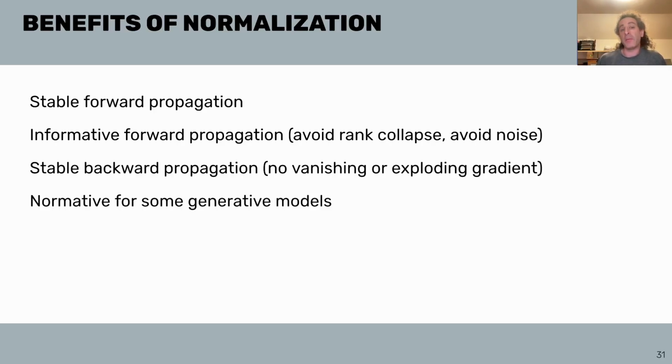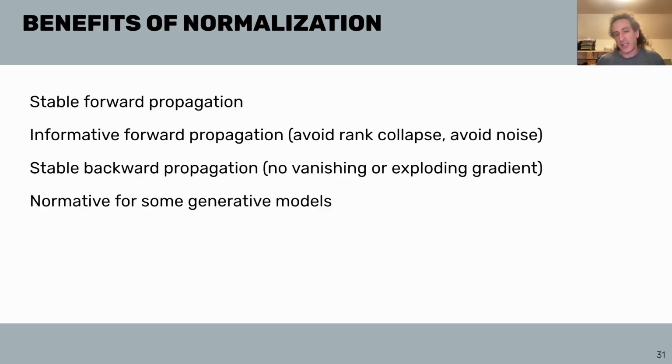Well, we have the benefit of allowing propagation of signals to be stable as they go forward, neither blowing up nor shrinking down. And that also can be used not just for having signals there, but having information in those signals, maintaining informative forward propagation, avoiding things like rank collapse or avoiding noise problems.